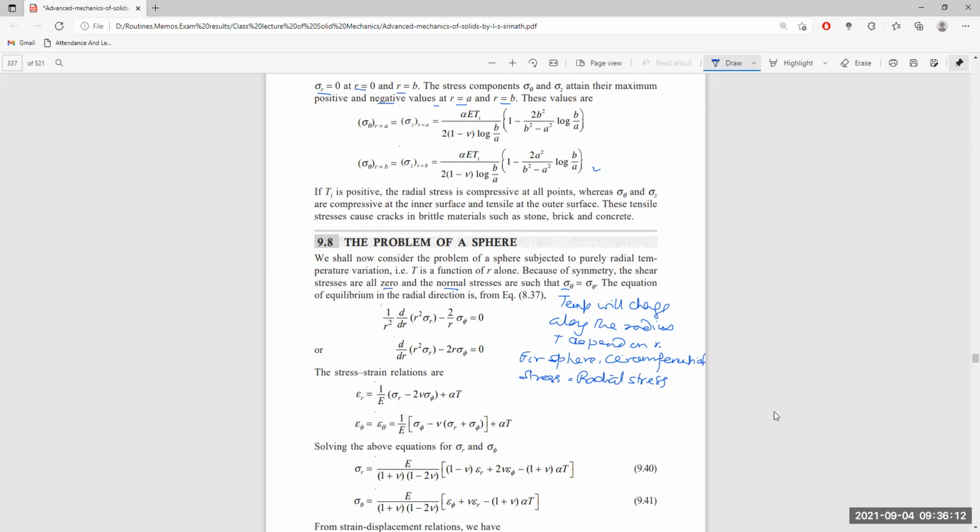Now with these two equations, if we solve for sigma r and sigma theta, then sigma r is E over 1 plus nu, 1 minus 2 nu, times 1 minus nu epsilon r plus 2 nu epsilon theta, minus 1 plus nu alpha T. And similarly, sigma theta will take this form: E over 1 plus nu, 1 minus 2 nu, times nu epsilon r plus epsilon theta, minus 1 plus nu alpha T.